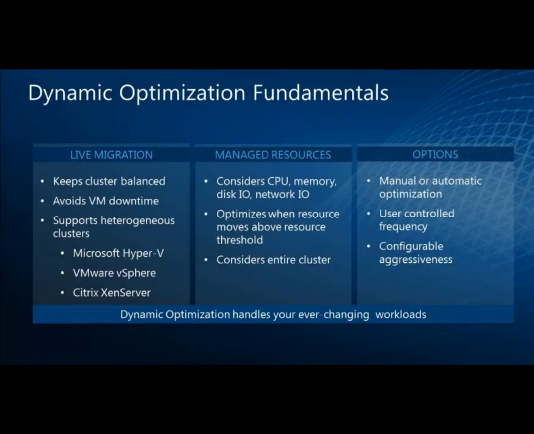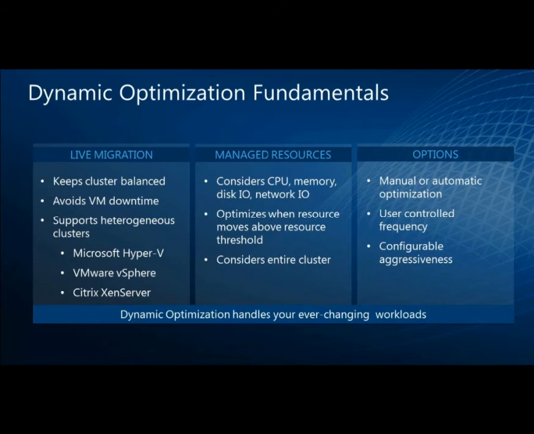You can choose the frequency with which you do this automation. By default, it's 10 minutes, but you could say, I only want to do load balancing every 30 minutes. I can drop it down to 5 minutes or 1 minute if I wanted to. And I have the ability to configure how aggressive this optimization is going to be.